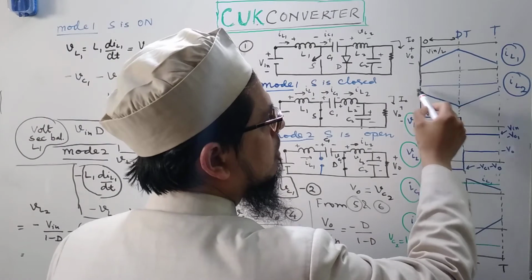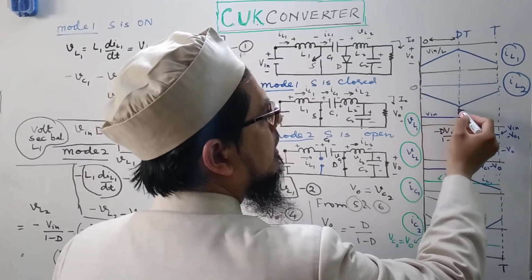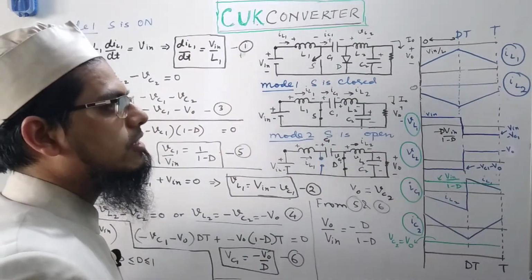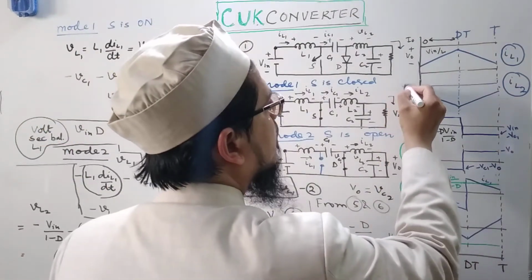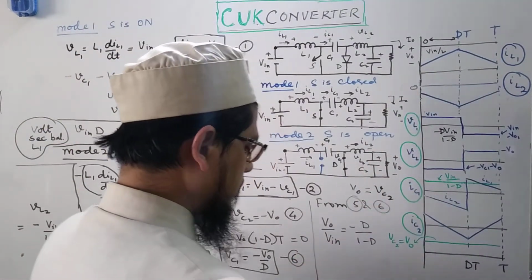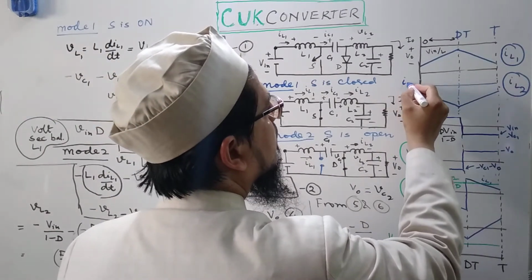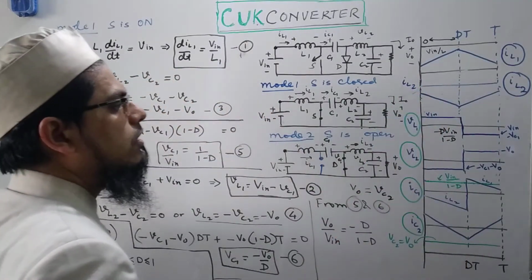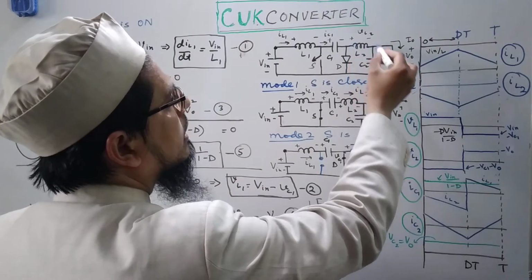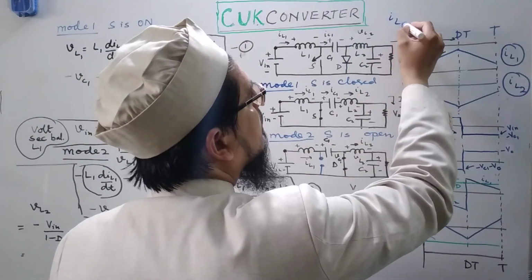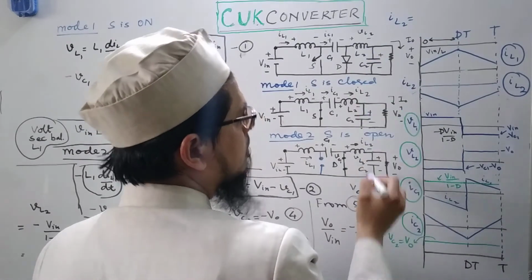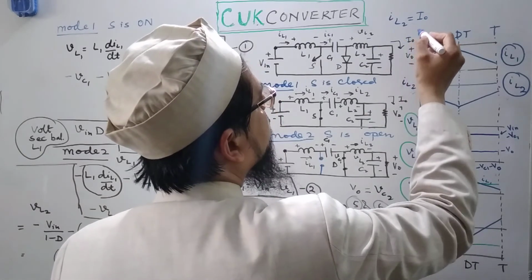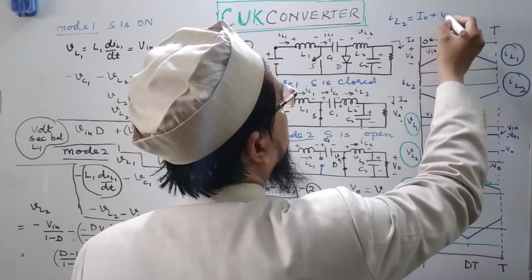But one thing you must note here is that I have shown the current in the negative. Why is it so? From here you could see that IL2 is equal to I0 plus IC2.